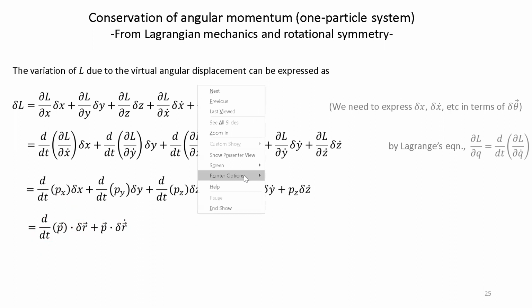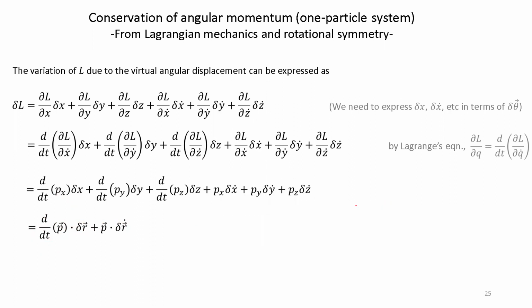It's nothing but this, because delta r is delta x x hat plus delta y y hat plus delta z z hat, and dp dt is x hat dpx dt plus y hat dpy dt plus z hat dpz dt.